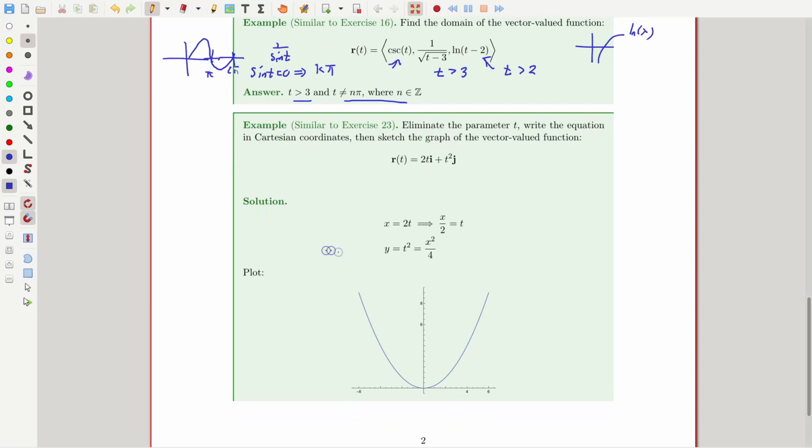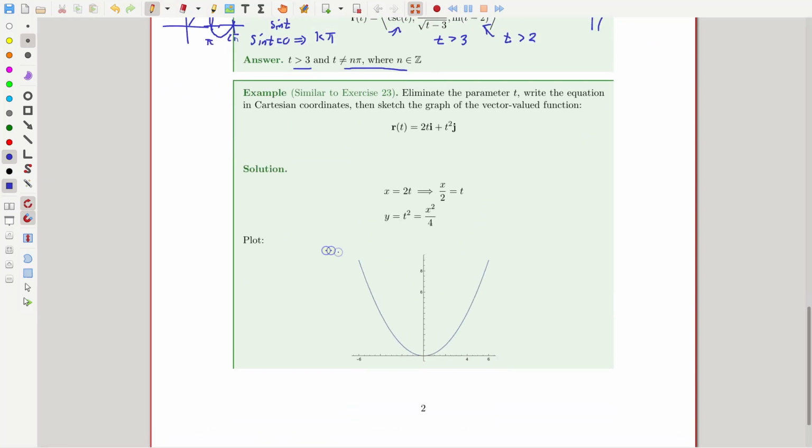Okay, is this the last problem? Yes. So, in this one, we are asked to eliminate the parameter t and then write this in Cartesian coordinates. Yeah, because this way of expressing the function is more like a parametric form. You've kind of isolated things into being a function of x and also a function of y, right? This is like the x component, this is the y component.